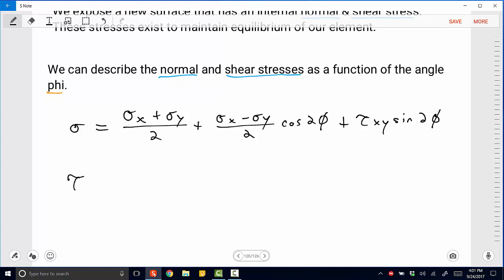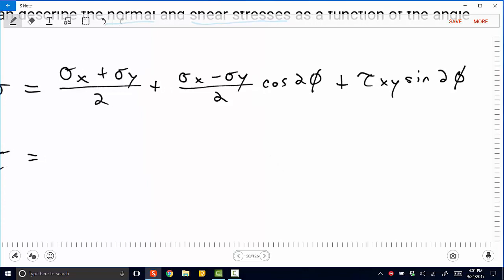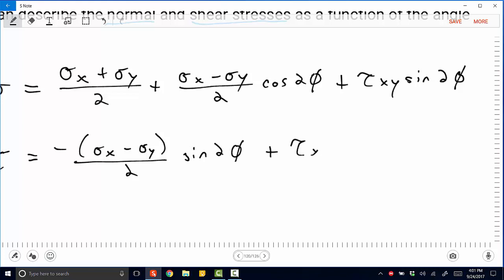Similarly, the shear stress on the surface, let's zoom in a little bit here, is equal to negative sigma x minus sigma y divided by 2 sine of 2 phi plus tau xy cosine of 2 phi.